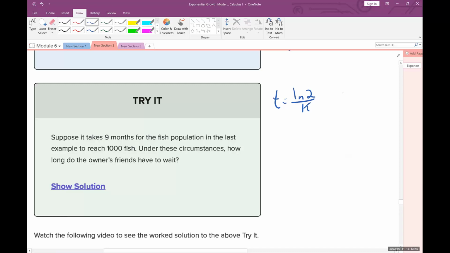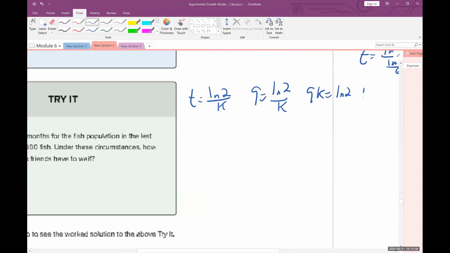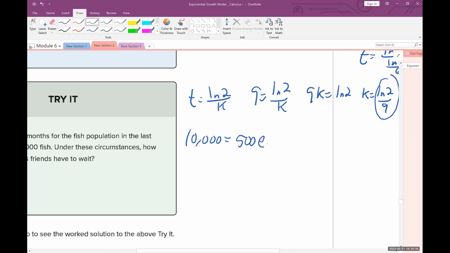So 9 equals natural log of 2 over k, or 9k equals the natural log of 2, or k equals the natural log of 2 over 9. So this will be our k when we do this calculation. And again, we're waiting for 10,000 fish equals 500 fish, e to the natural log of 2 over 9 times t.